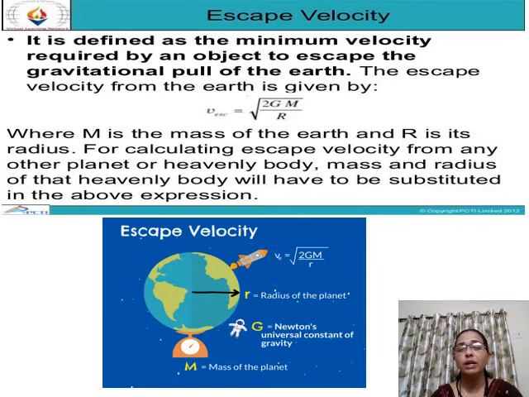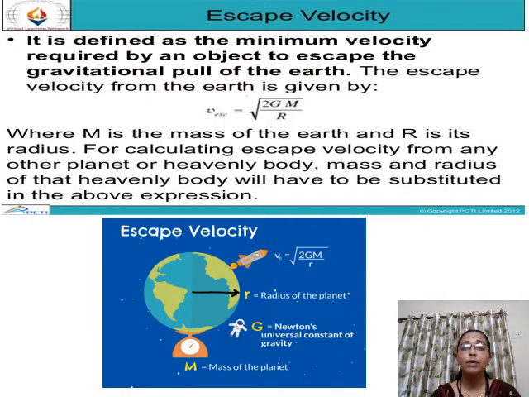When you have to send a satellite or a rocket above the earth's gravitational pull, the initial velocity has to be more. So the escape velocity is defined as the minimum velocity required by an object to escape the gravitational pull of the earth, and it is denoted by V_es.